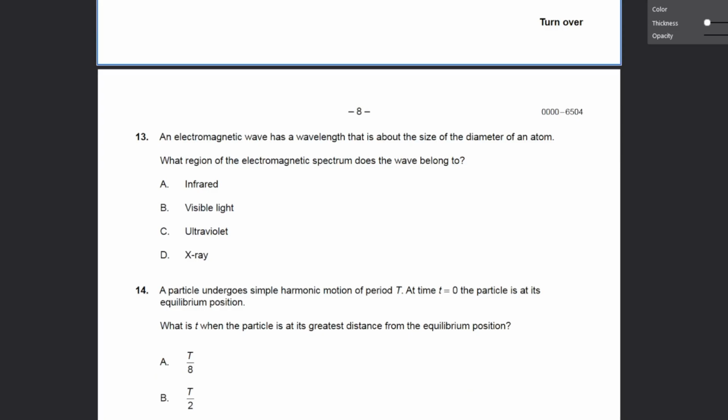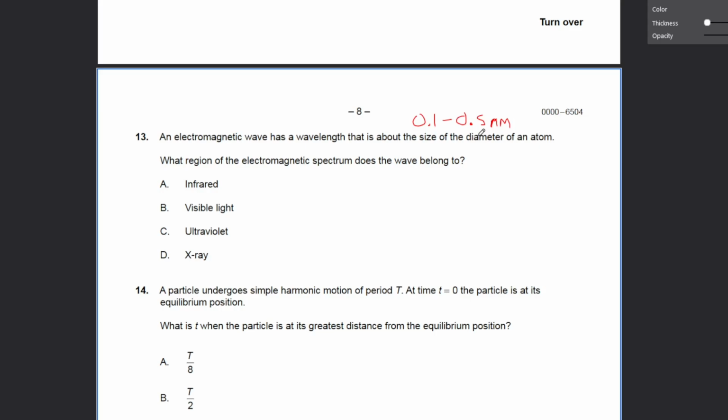Alright, question 13. An electromagnetic wave has a wavelength that is about the size of the diameter of an atom. Alright, so the diameter of an atom is 0.1 to 0.5 nanometers. And we're asked to find what region of the electromagnetic spectrum this wave belongs to.